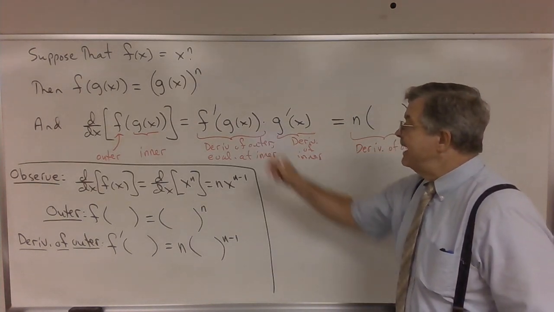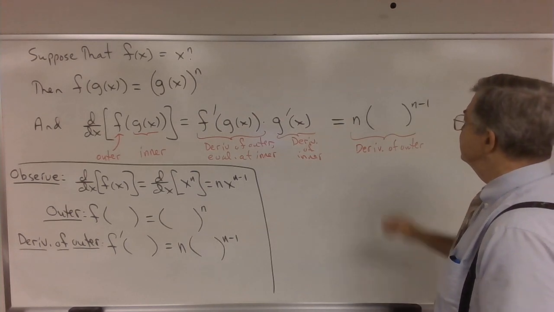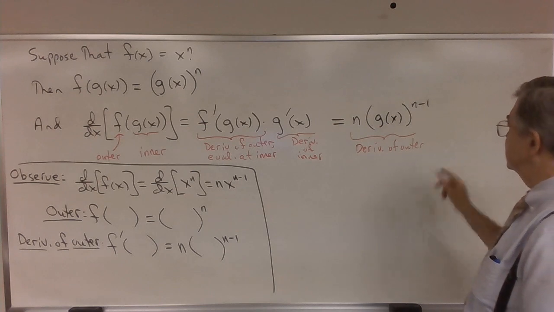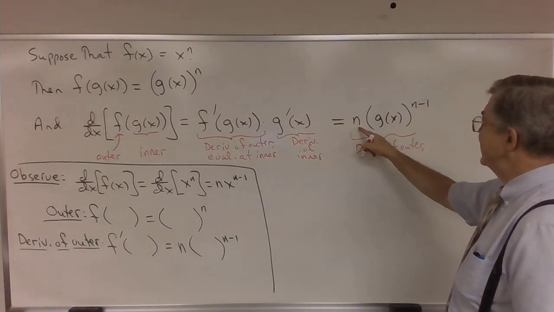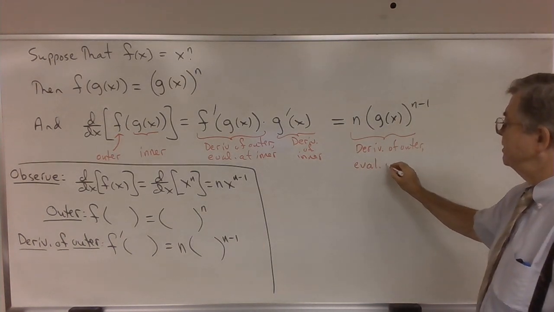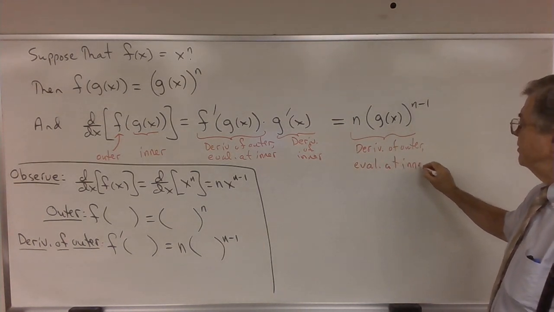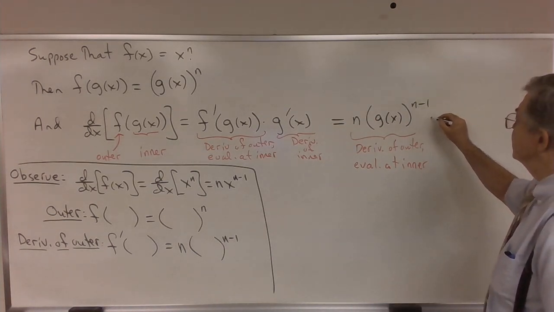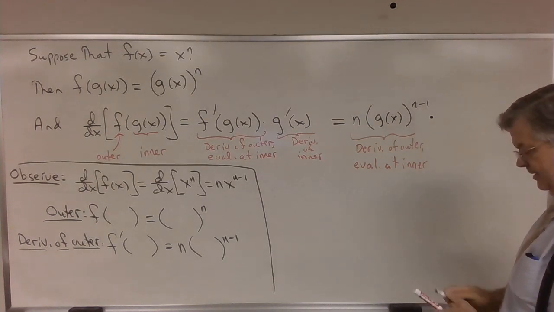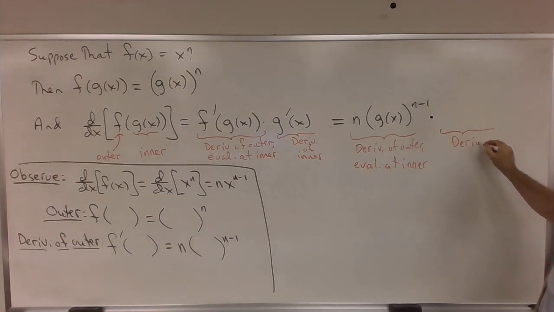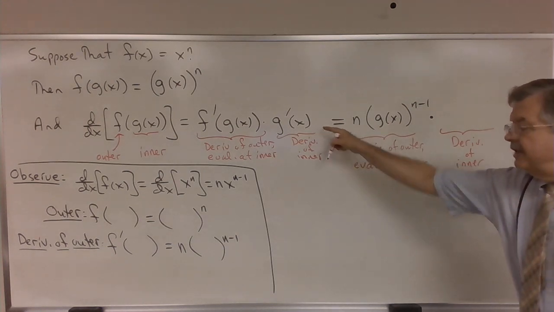And then we have to evaluate it at the inner function, g of x. So we have the derivative of the outer, n something to the n minus 1, evaluated at the inner, times the derivative of the inner, which is just g prime of x.